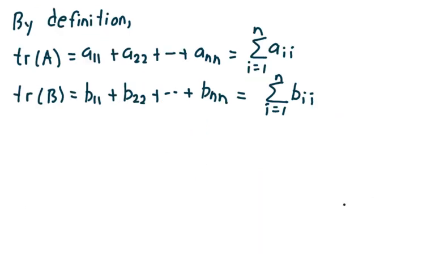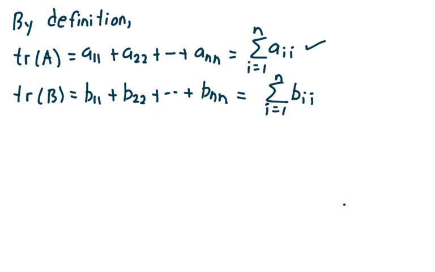Well, by definition, the trace of A is the sum of the entries along the main diagonal of matrix A. In other words, the trace of A is A11 plus A22 plus all the way through until ANN, but I would encourage you to write this in summation notation.